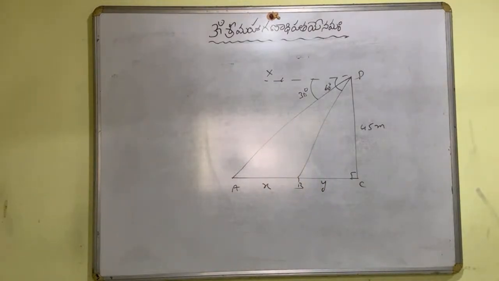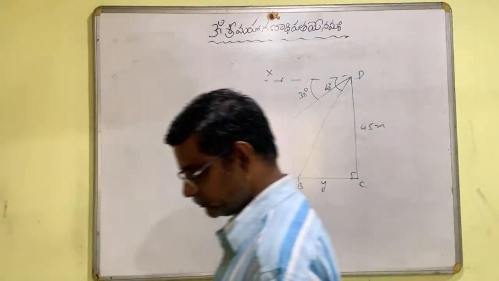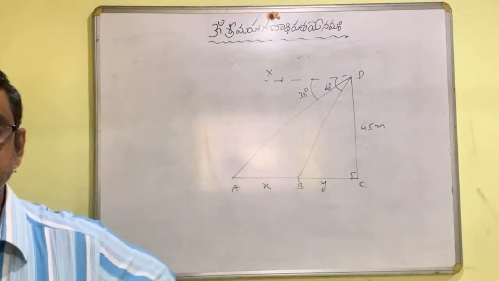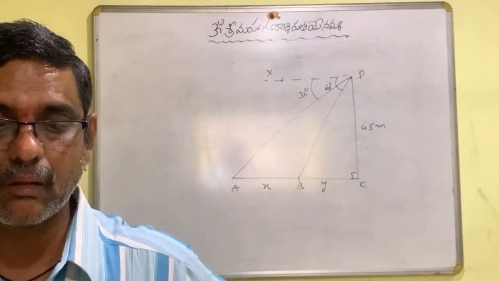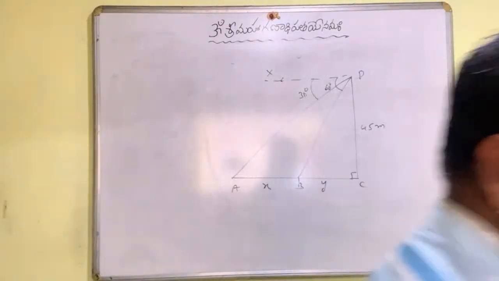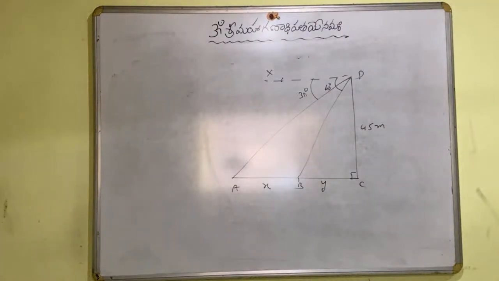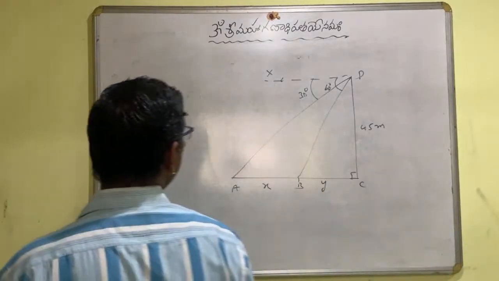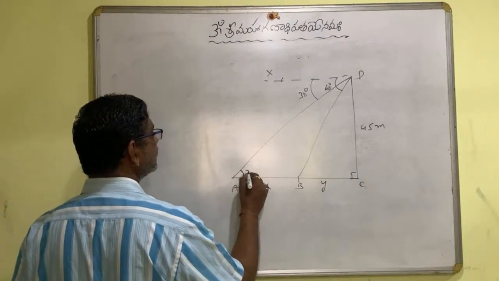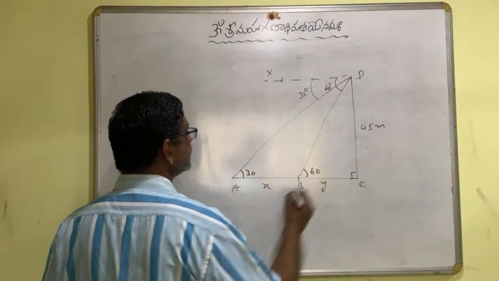Height of the lighthouse is given, 45 meters. That means this is 30 and this is 60.